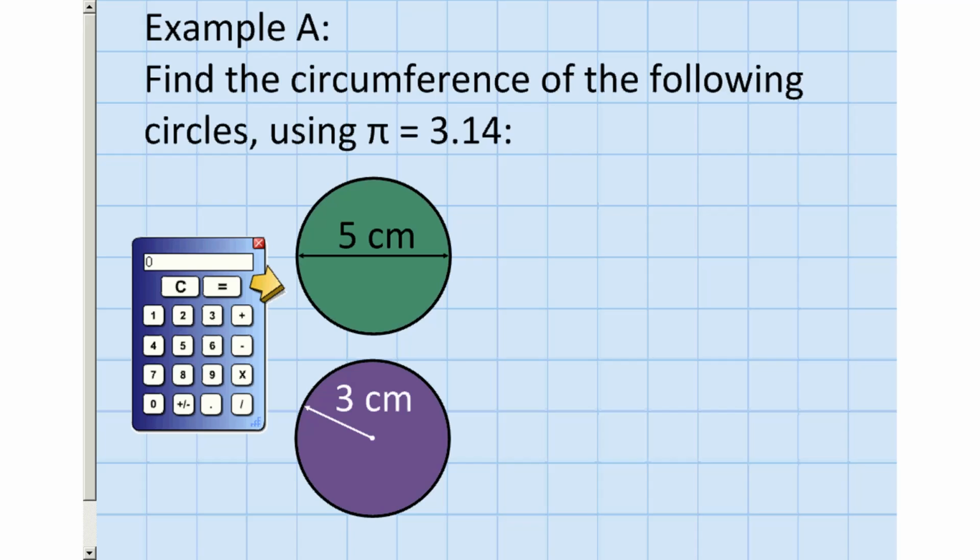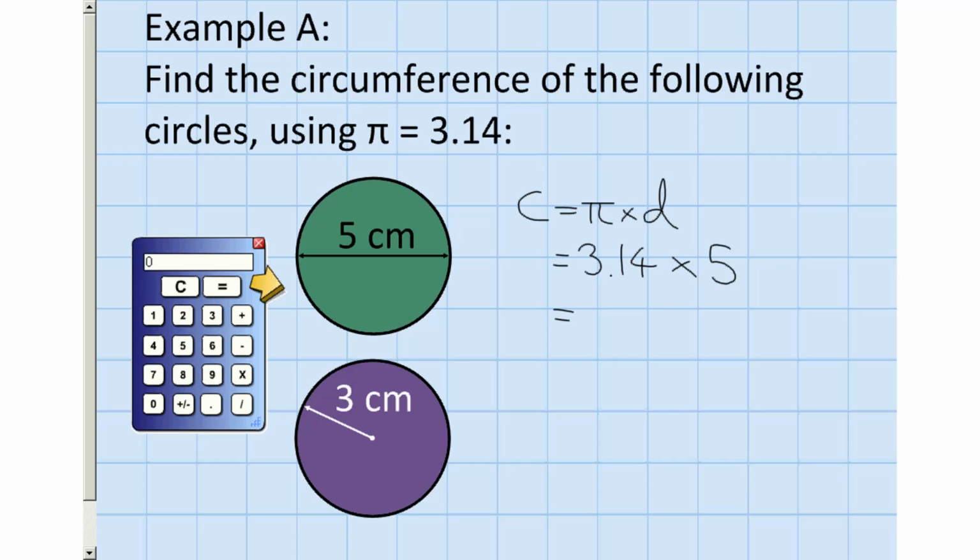Okay, so for the first circle we know the diameter, so we're going to use that first formula. The circumference is equal to pi times the diameter. So pi is that special number 3.14, and we're going to multiply that by the diameter of the circle, which on this circle is 5 centimeters. So I've got my calculator up.